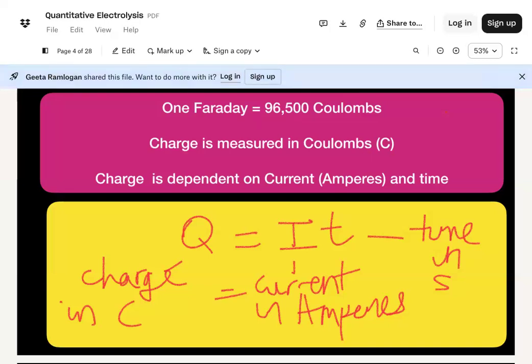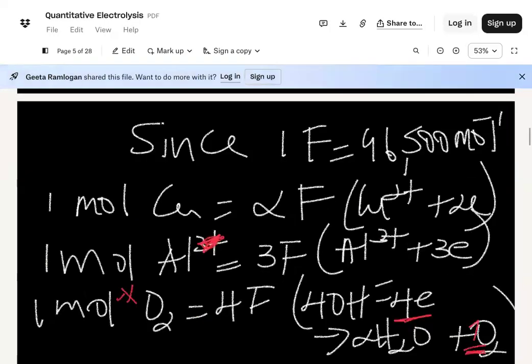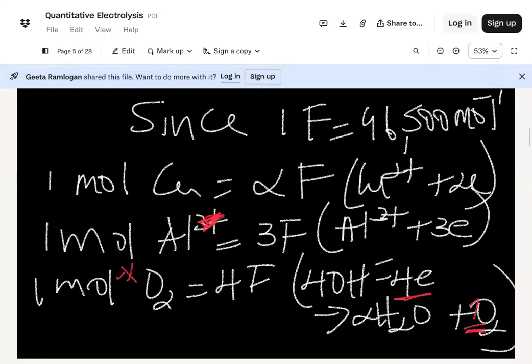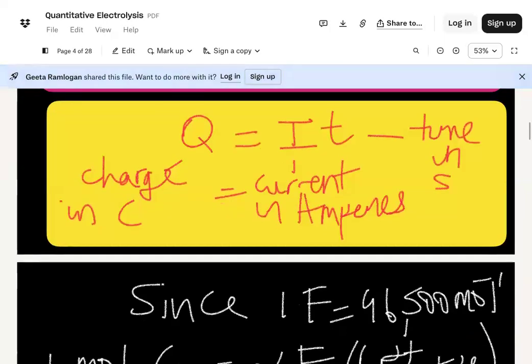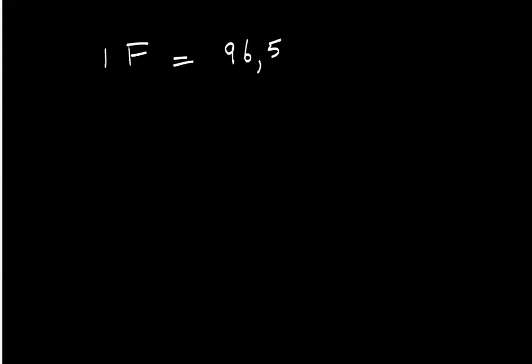Anyhow, let's do it. Okay, so 1 Faraday is equal to 96,500 coulombs. Here, what I'll write here in case you can't understand there. Right. 1 Faraday is equal to 96,500 coulombs, right?